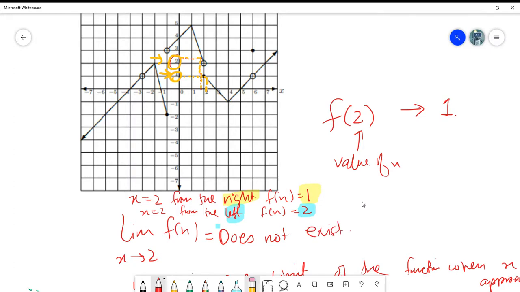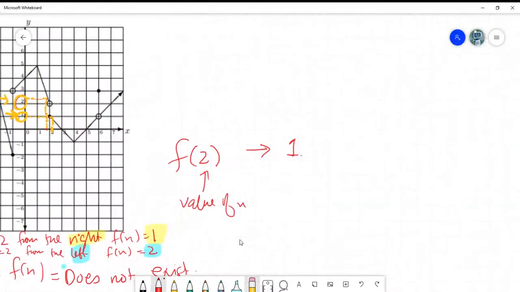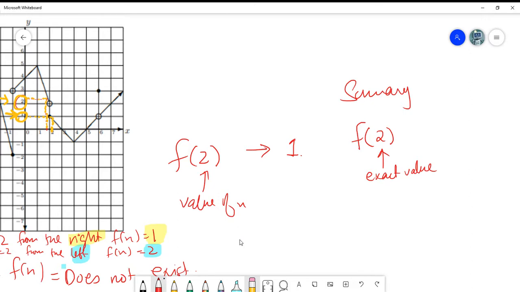So, summarizing our understanding, the summary so far is: when we're asked, let's suppose, what is f of 2, then we have to look at the exact value of 2 and find what the value of f of x is.